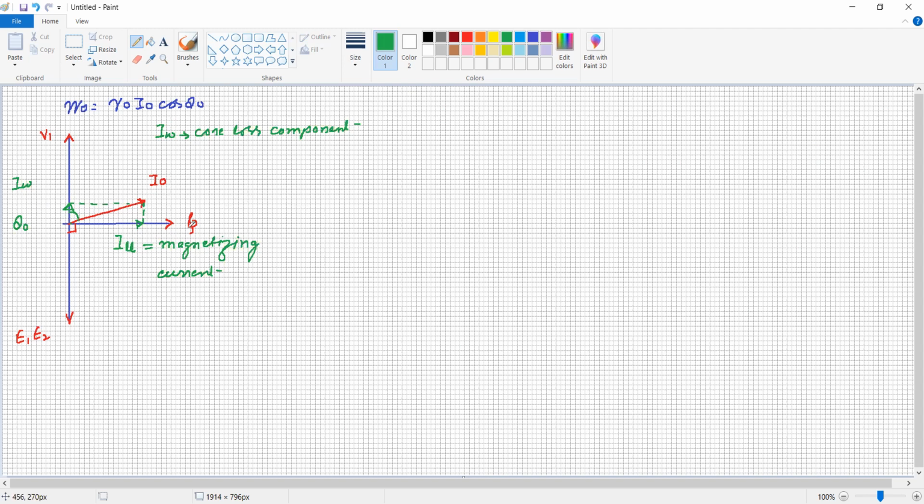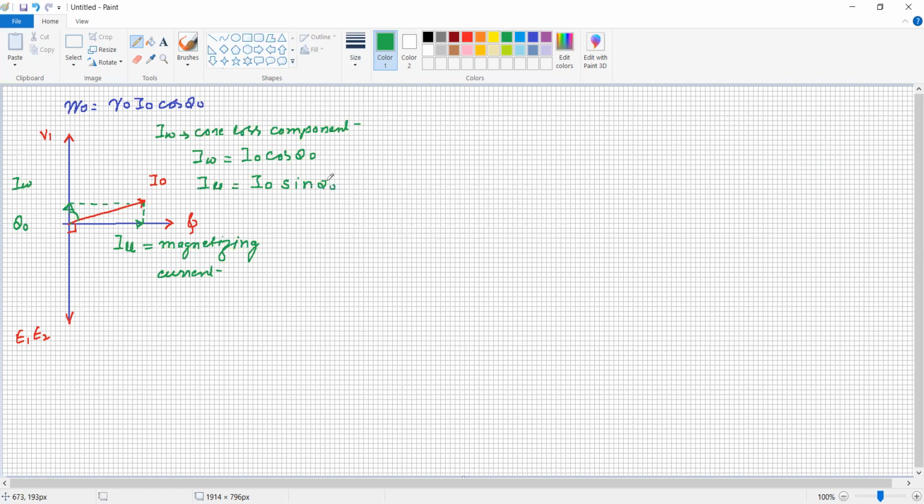Now from this, this angle is theta 0. So here IW is equal to I0 cos of theta 0, whereas I mu is equal to I0 sine of theta 0.